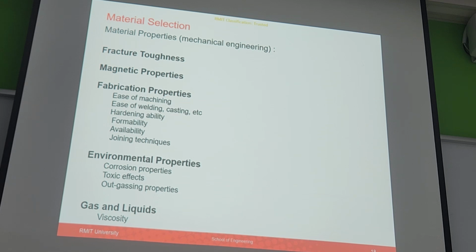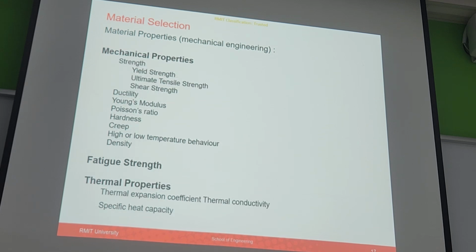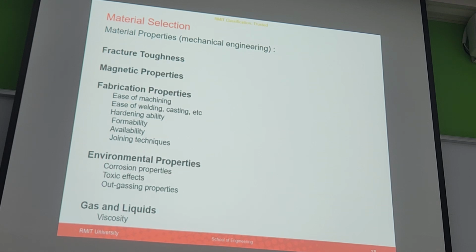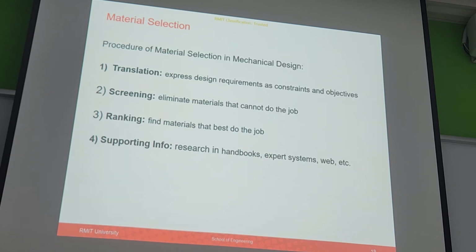As you can see, there are a lot: mechanical, fatigue, thermal, magnetic, fracture, environmental properties, or gas or liquid. You have to consider all of the materials and choose which one. The question is, for the procedure of material selection in mechanical design, you have to consider four procedures.